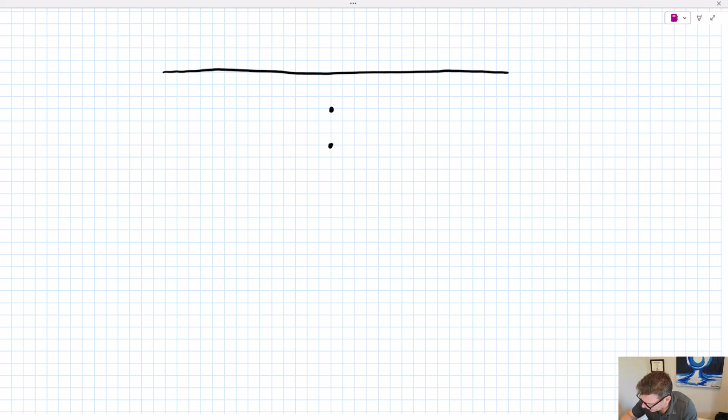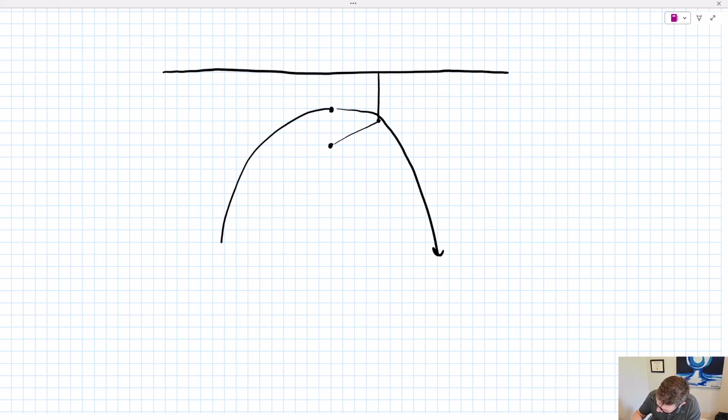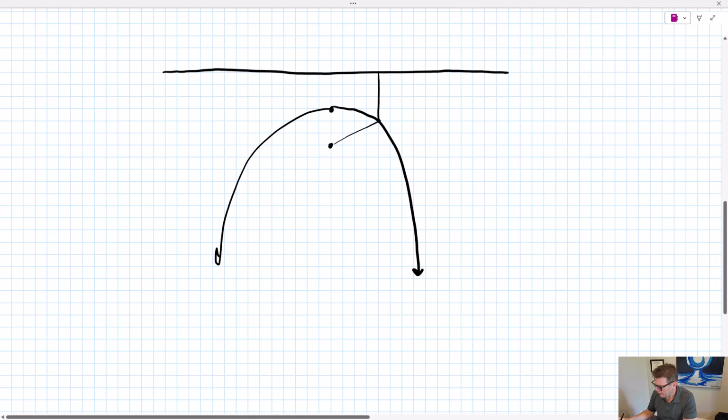And now if I imagine I want to go one step further away from the directrix, you can see that now we're actually going to be below the vertex, and consequently our parabola opens down. So when the focus is below the directrix, we get the parabola opening down.